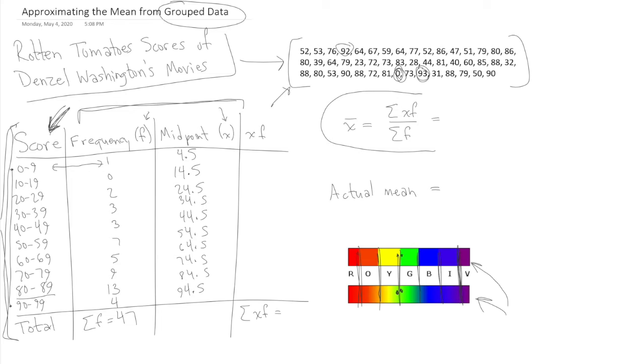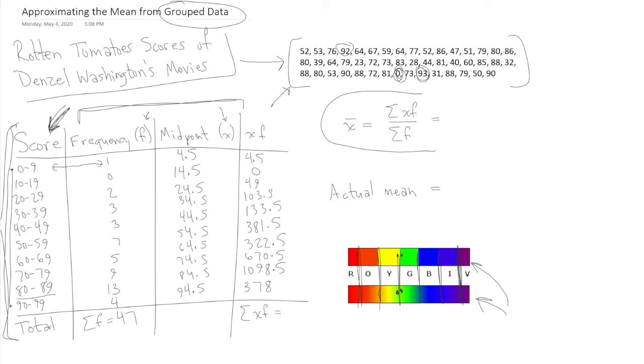I'm going to do that by multiplying X times F. So 4.5 times 1 is 4.5. 14.5 times 0 is 0. 24.5 times 2 is 49. So I'm just taking the X column, multiplying by the F column, and here's what we get for that.